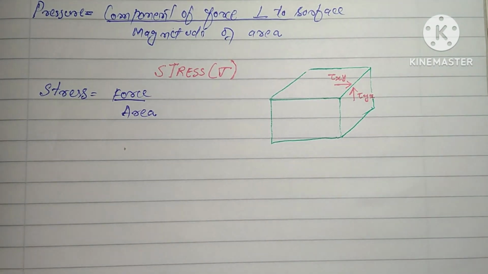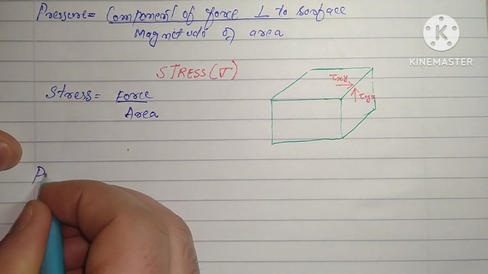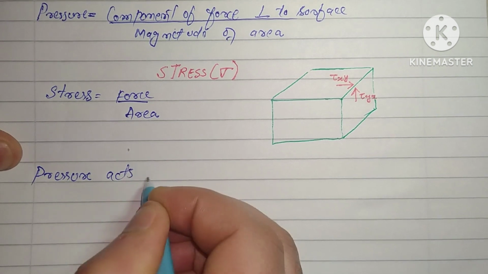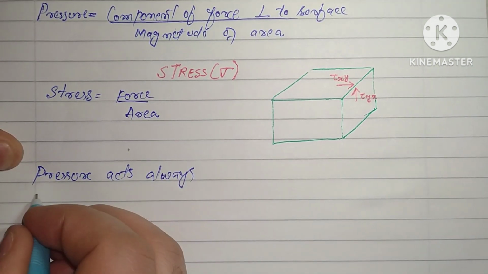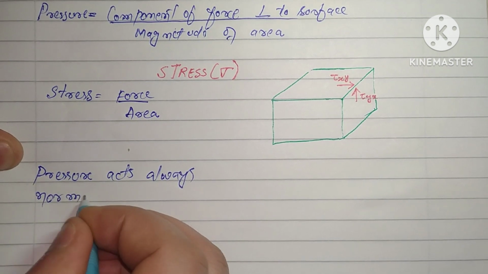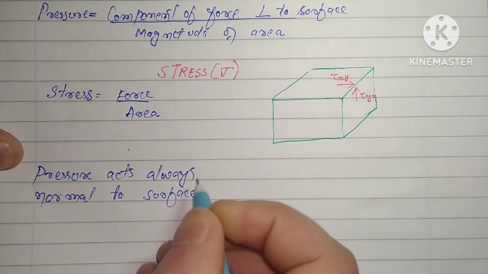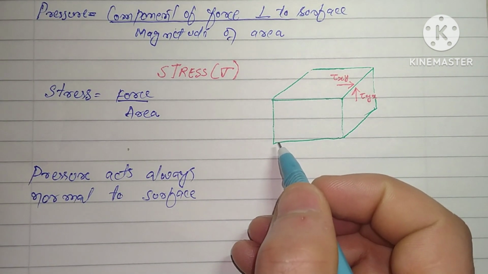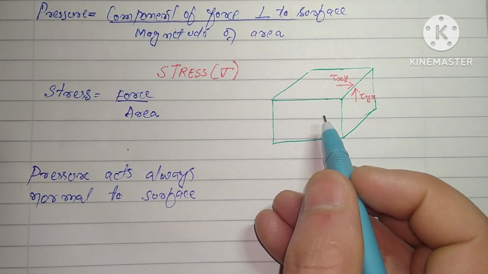So the one difference between pressure and stress is that pressure acts always normal to the surface, but stress may be normal or it may be parallel. Parallel in case of shear stress and normal in case of bending stress and direct stress.